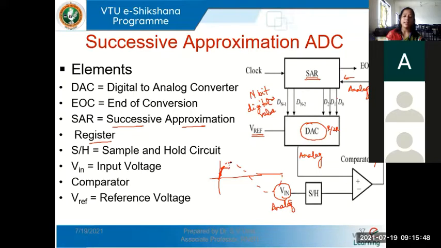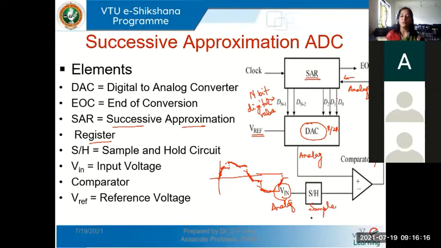Once the next sample comes, the next sample is taken, again held for some time. Now the next sample comes, the next sample is taken, held. Next sample is taken, held at that voltage level. Next sample is taken, held at that. So this kind of job will be done by the sample and hold circuit.